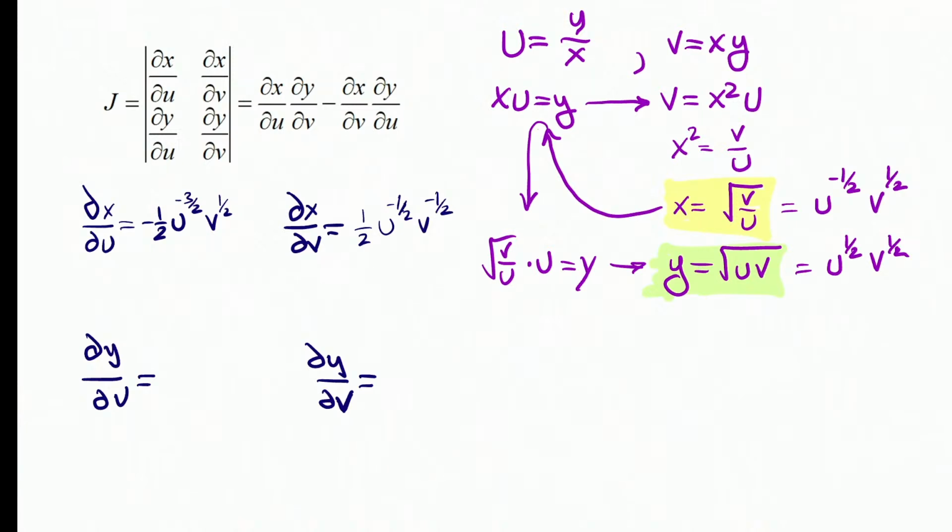Andrew's going to tell us the derivative of y with respect to u. It would be 3/2. So this is the derivative of y with respect to u. Oh, wait. To u. Sorry, so we're working with this right here.